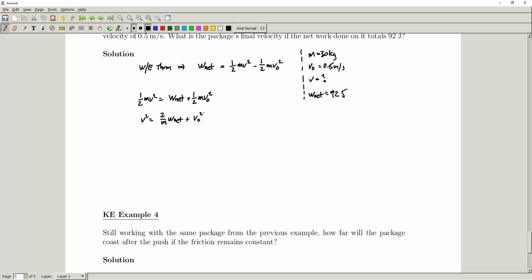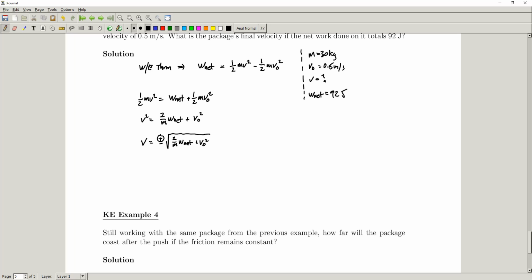And then just take the square root of the whole thing here. So we're going to end up with v equals plus or minus the square root of 2 over m W net plus v0 squared. And again, the plus or minus is because we're taking the square root of both sides. We're going to select the positive because this thing is going to be going in the positive direction, right?